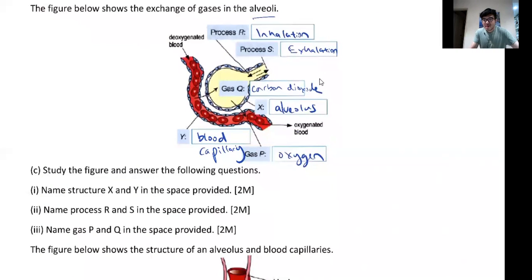Okay, so let's say if you get COVID, the COVID virus will grow here. So what happens is the white blood cell in your blood, it is not drawn here, but the white blood cell will try to come in and kill all these COVID virus. So this is why you get sick. And to get rid of all these virus, your alveolus is going to produce a lot of mucus.